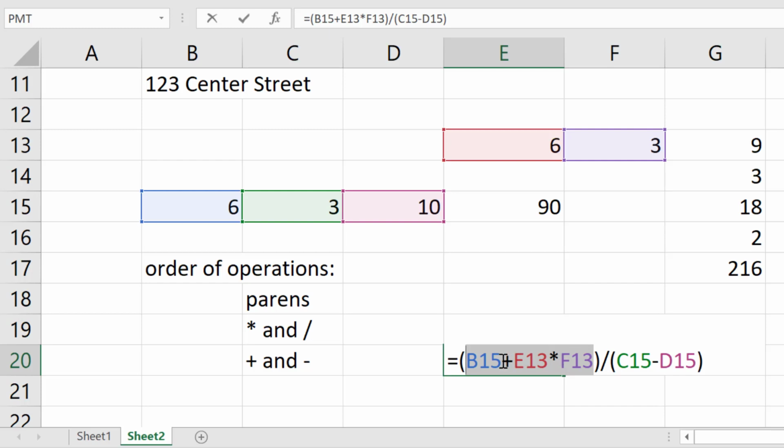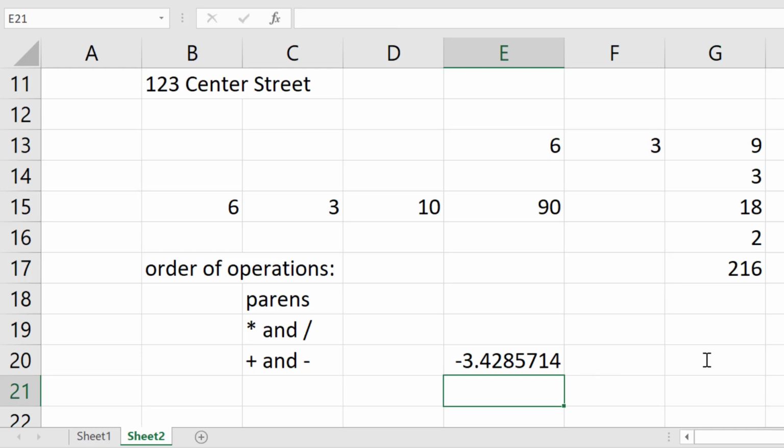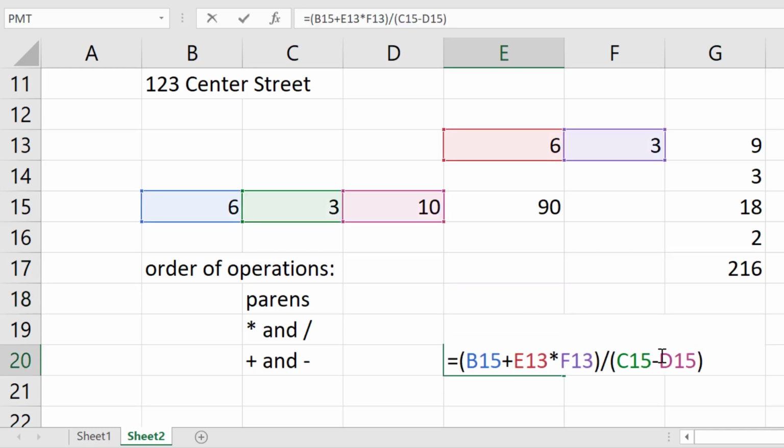And then it'll add B15, so 18 plus 6 is 24. And then it will divide it by C15 minus D15, which is negative 7. And there's my answer.